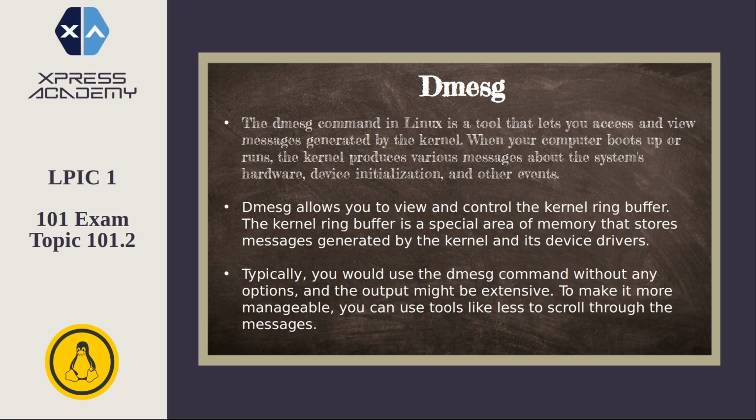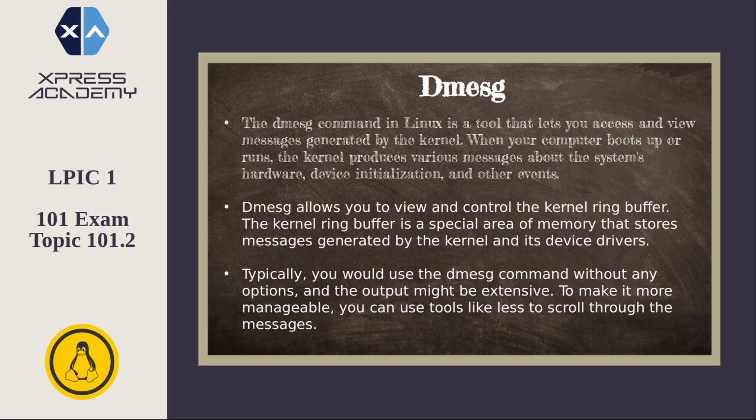Typically, you would use the dmesg command without any options, and the output might be extensive. To make it more manageable, you can use tools like less to scroll through the messages. For example, you could use dmesg pipe less to view messages one page at a time.